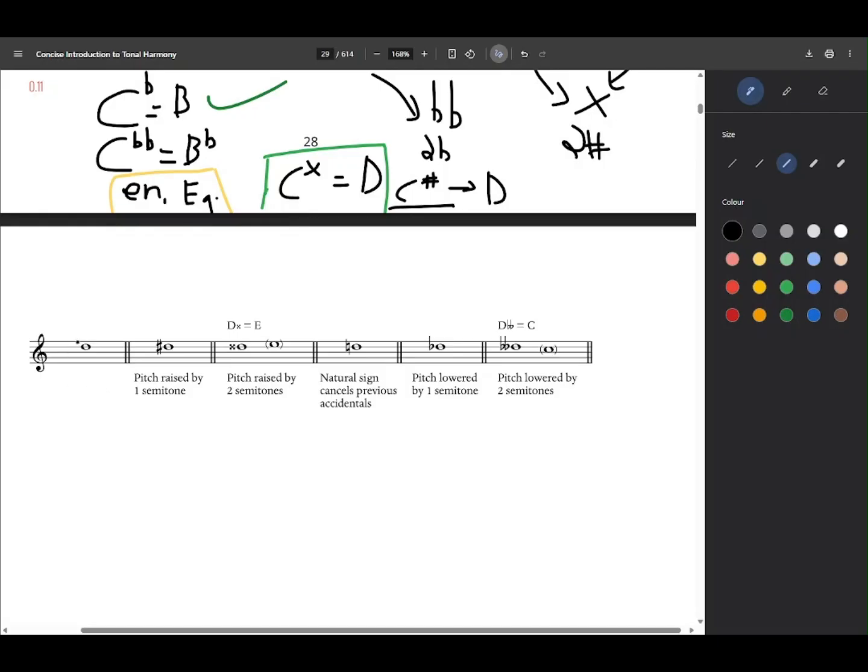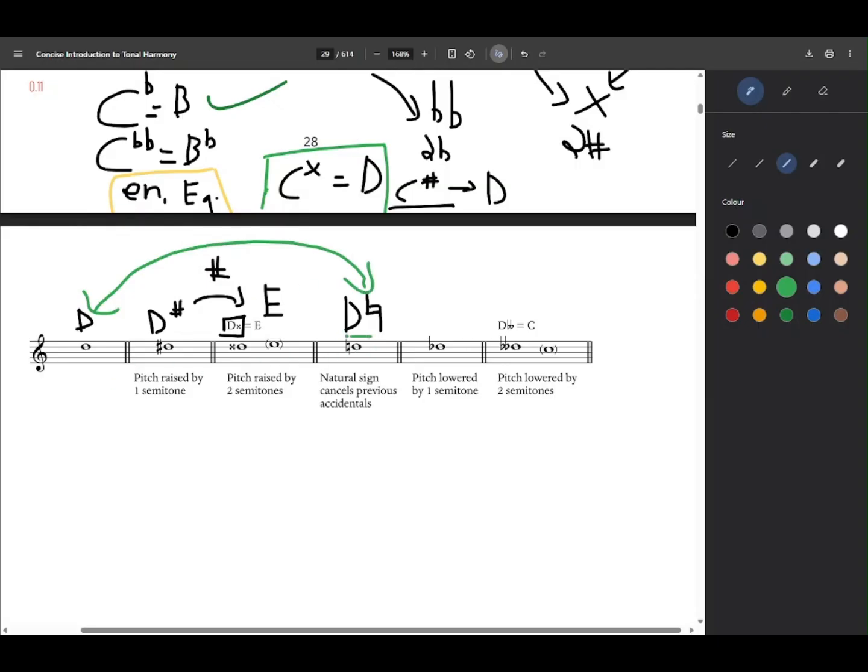So we start with our D. Put 1 sharp, we get a D sharp. We put 2 sharps, we get a D double sharp. So we're sharpening the D sharp again, and that gets us an E, which is also equal to a D double sharp. Natural sign, so D natural, these are both equal.